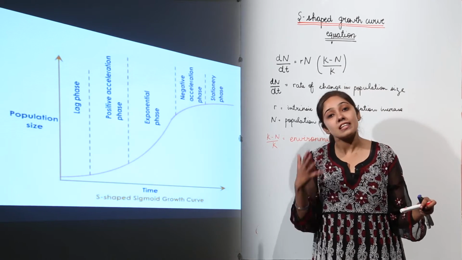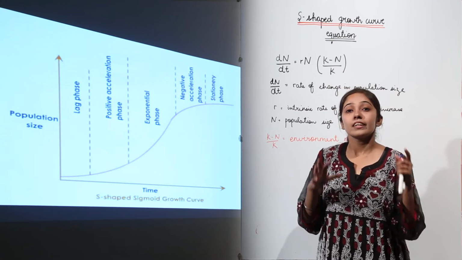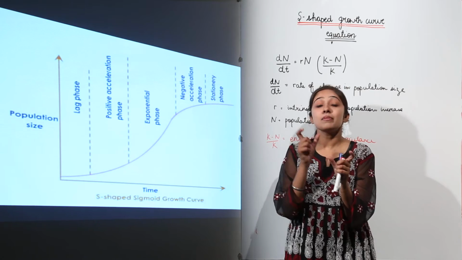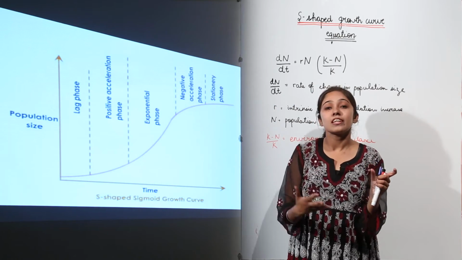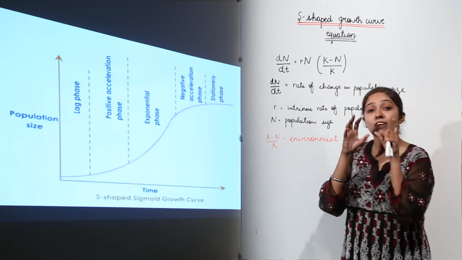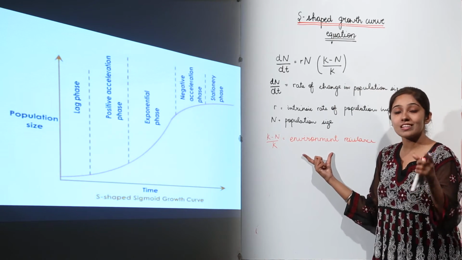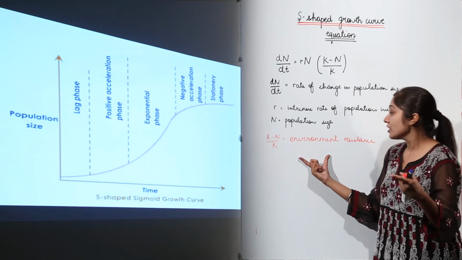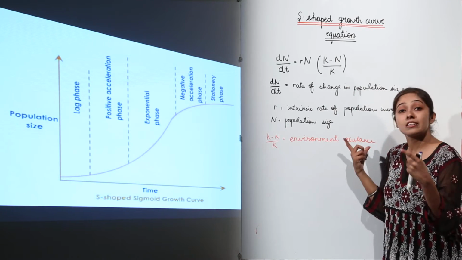But actually these ideal conditions do not exist in the environment. There are some limiting factors, such as shortage of food, predators, and competition. So the limiting factors lead to environmental resistance, or you can say environmental regulation also. So this (K − N)/K is environment resistance.